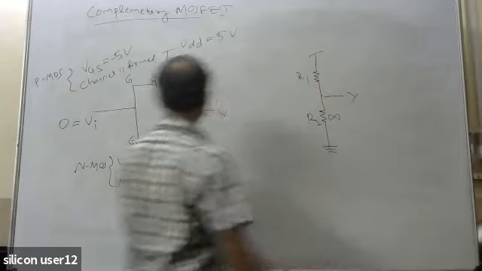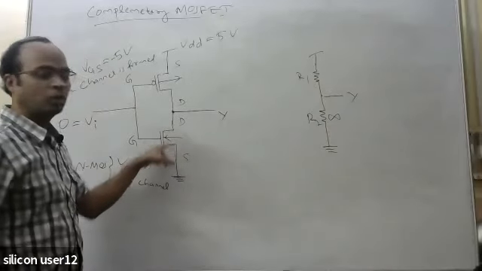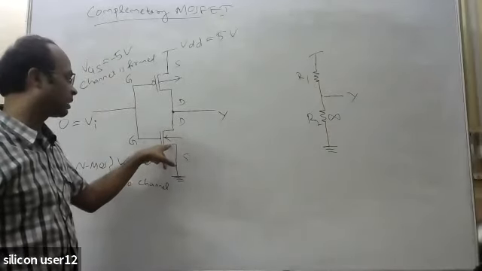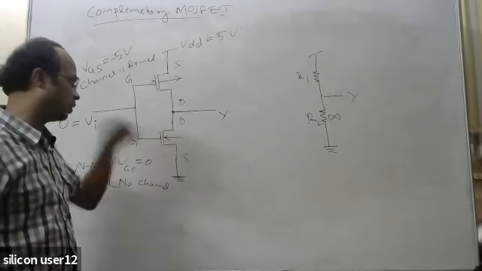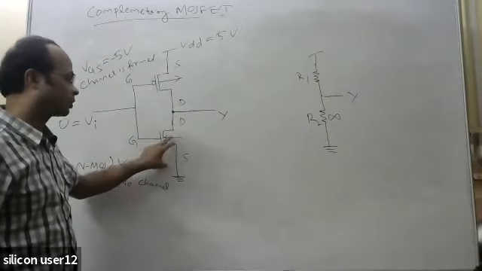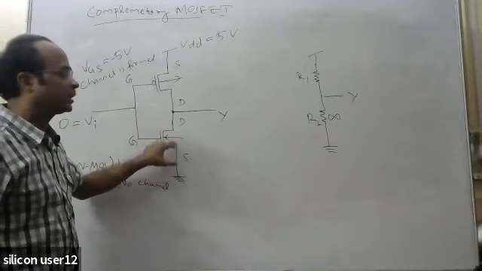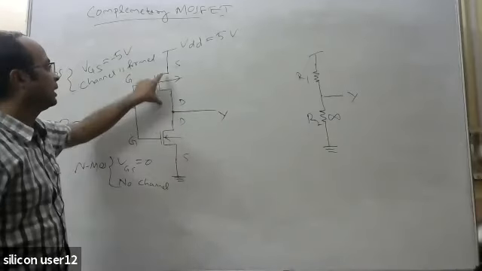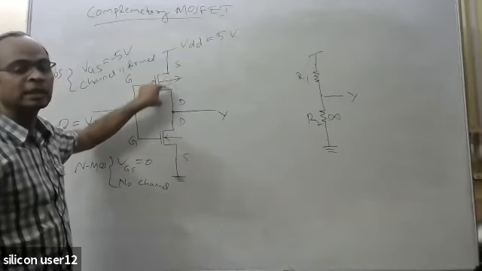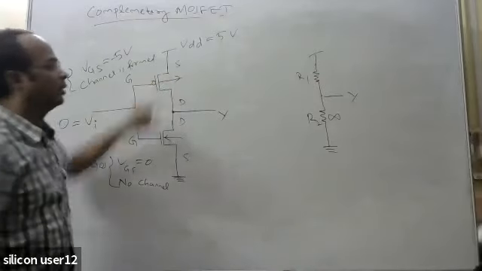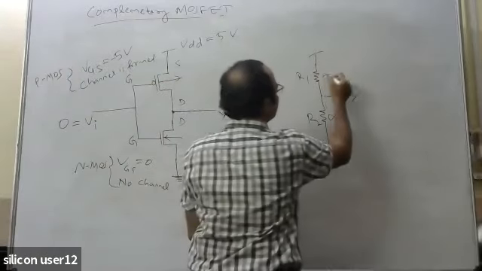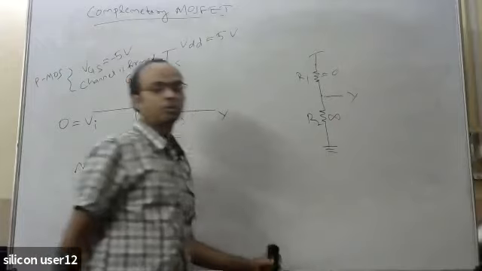So the resistance of this NMOS between drain and source is infinite, but here I have a good path, so its resistance is very low. Let us assume ideally this resistance is equal to 0.